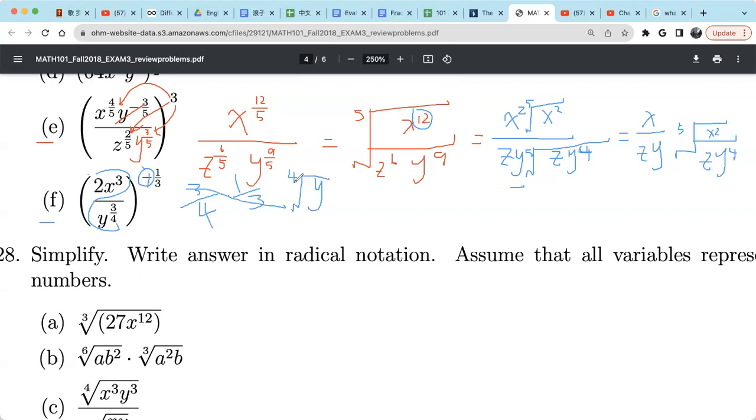The denominator now is 2x raised by 3, then raised by 1/3 again. So 1/3 is the cubic root. We still have 2 inside, but do you see x come out? So let's write x up front.